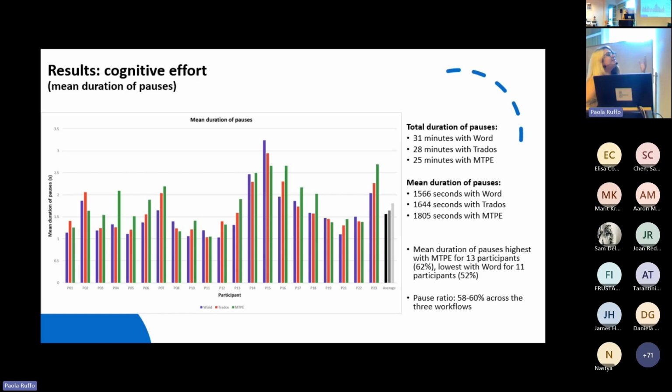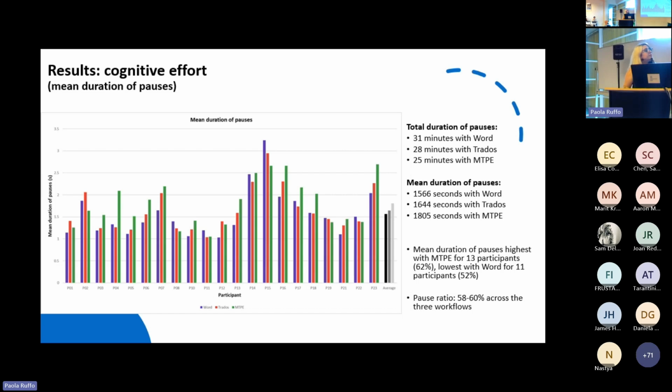And here, the mean duration of pauses was highest for post-editing for 13 participants, which means even though the number of pauses was slightly less for post-editing, the duration of pauses tended to be longer when people were using post-editing. Which might indicate, again, a change in the process or what happens in translation when people use post-editing in this case.